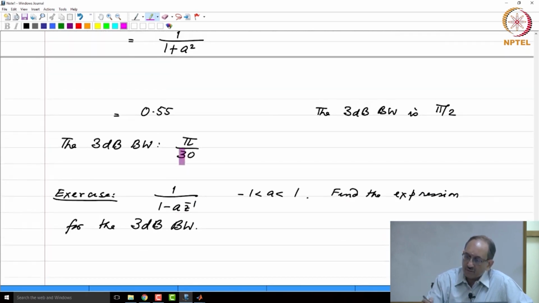So, you will be able to get a closed form expression, and you will be able to verify that for the low pass filter case using a pole, the 3 dB bandwidth is pi by 30, whereas for the same low pass filter using the zero, the 3 dB bandwidth is pi by 2.